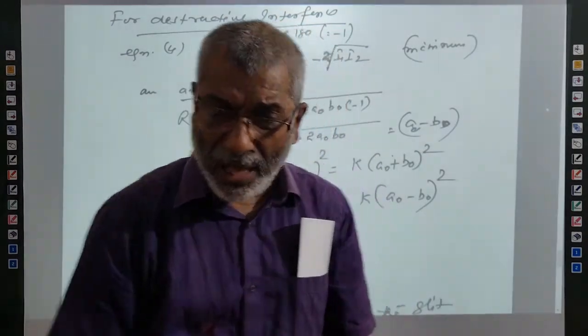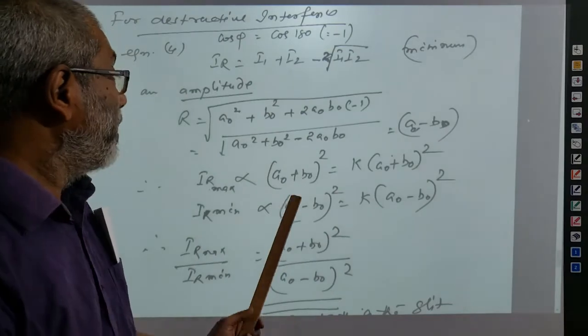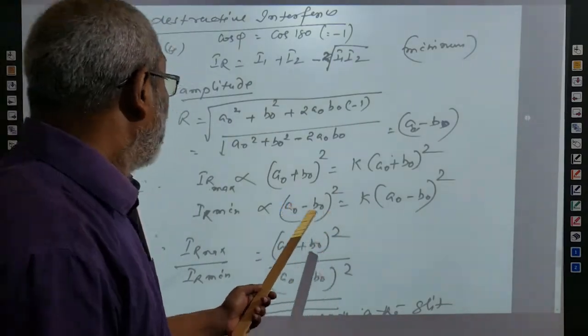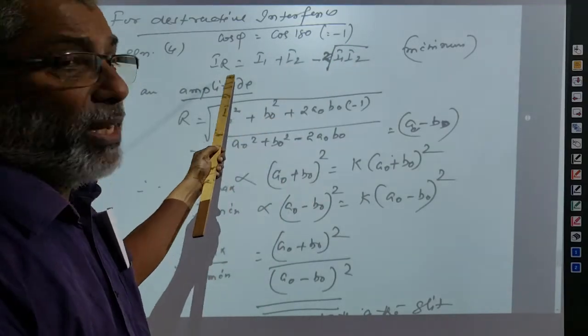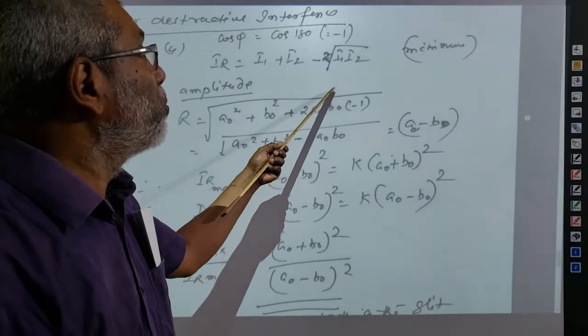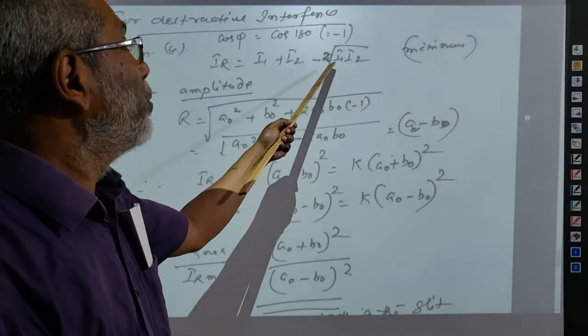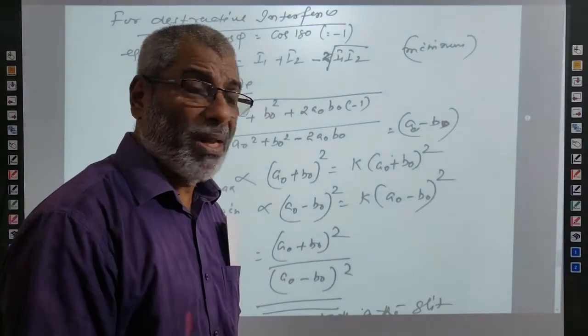That is equal to 180. Therefore, cos 180 is equal to minus 1. Therefore, the intensity of the resultant wave IR is equal to I1 plus I2 minus 2 root of I1 I2. This is the minimum intensity.